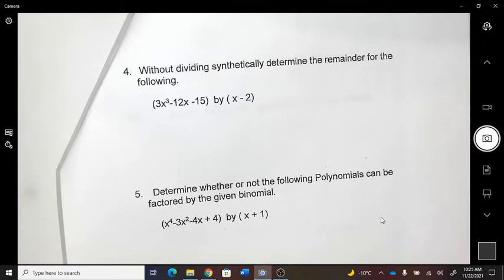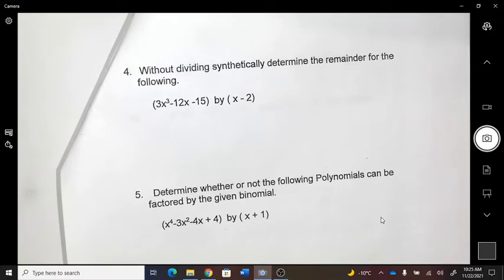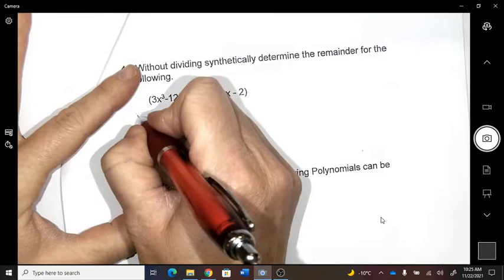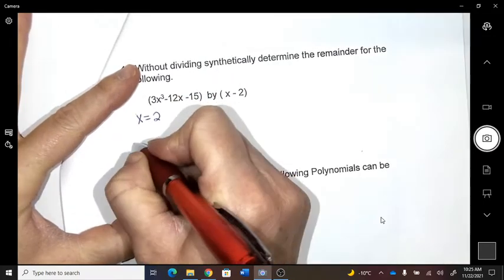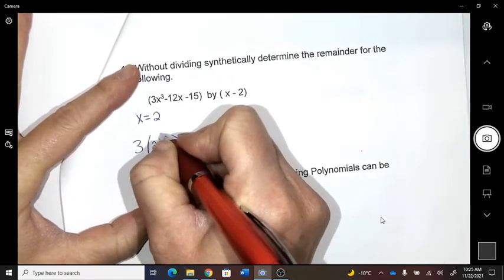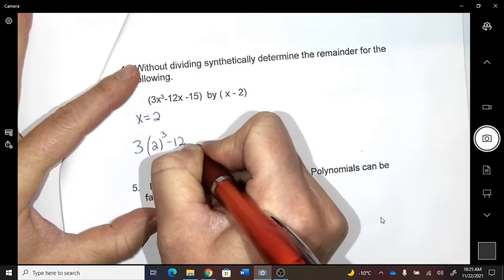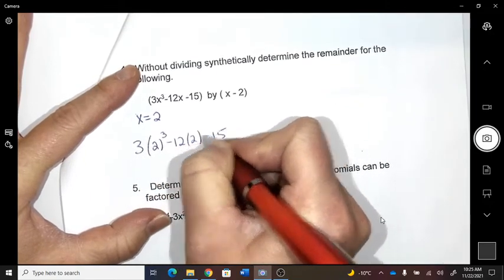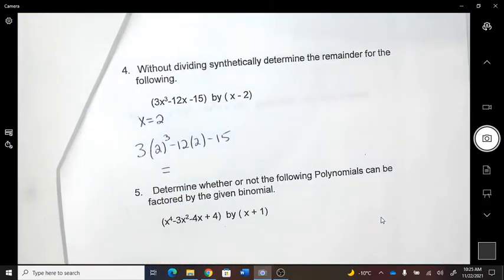Without synthetically dividing, how do you get the remainder if you don't want to synthetically divide? What else could I do? Oh, don't you just plug her in? Plug in a what? Positive 2. A positive 2. So plugging in a positive 2, right?